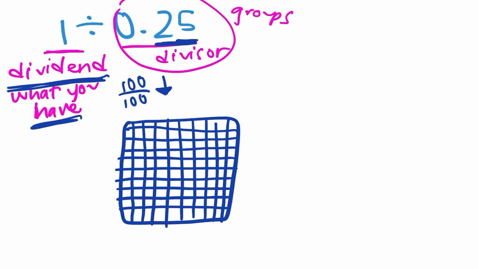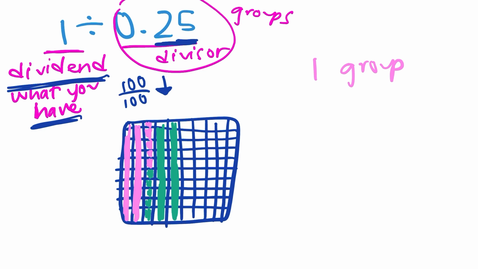Now I'm going to try to make groups of 25 hundredths and see how many groups I can make. Right here, I have a group of 10, 20, 21, 22, 23, 24, 25. So that's one group. We're going to see how many groups we can make out of this whole. Again, a group of 10, 21, 22, 23, 24, 25.